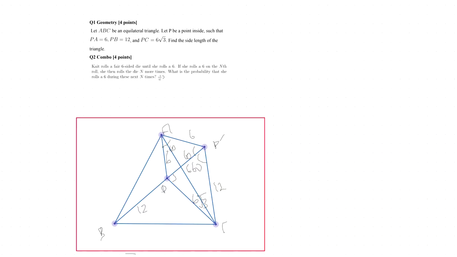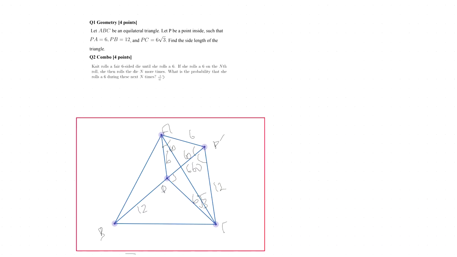So this is just equal to 36 plus 144 plus 72. So we get that AC is 6 root 7. So that's the answer for this question. This was a nice showcase of how you can use rotations in geometry to help deal with these right triangle lengths and make the question easier to solve.